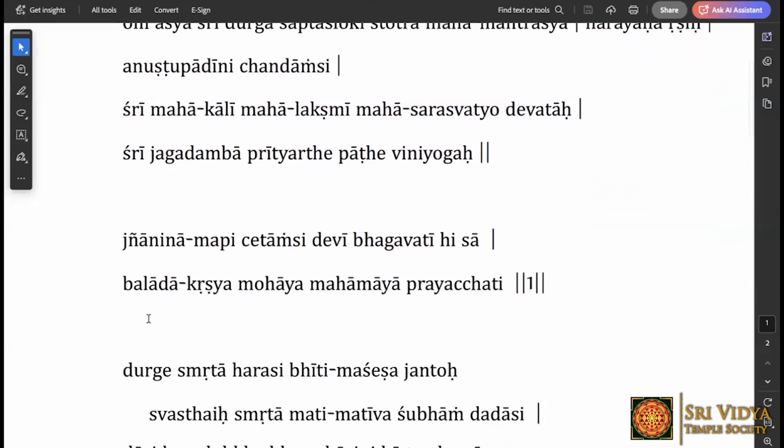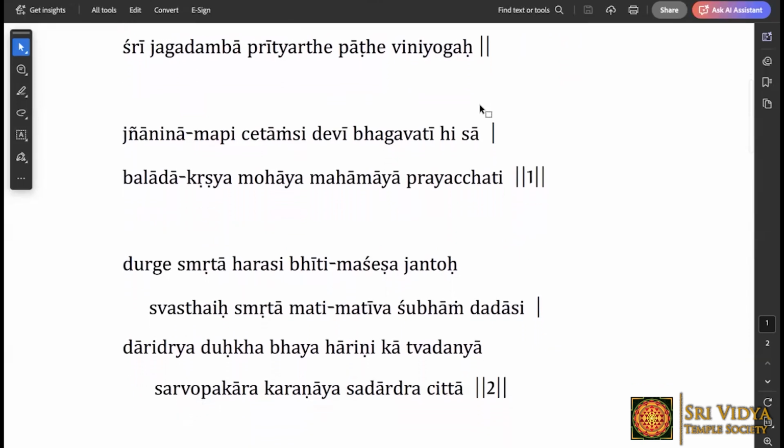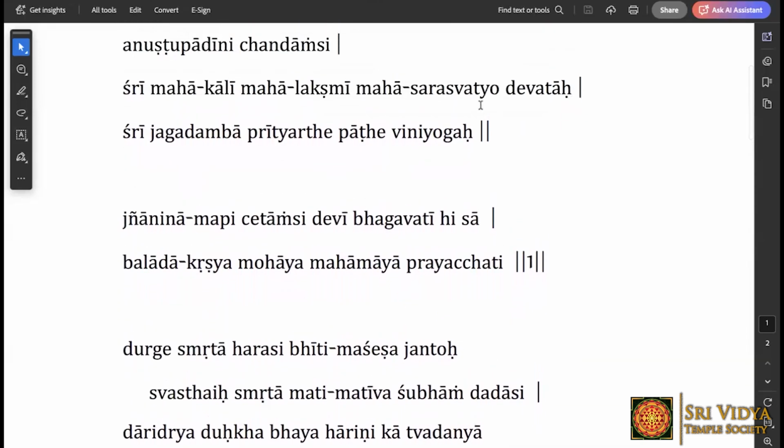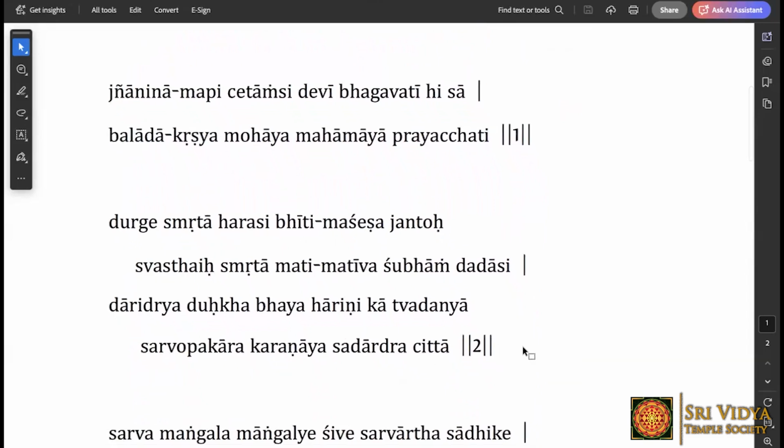Good. So you'll see that the Devata is mentioned as Mahakali, Mahalakshmi, and Mahasaraswati all together. And these different shlokas have been taken from a number of different chapters. All three come from all three sections. The first one comes from chapter 1, Pratama Charitra. Then the second comes from the 4th chapter, which is Madhyama Charitra.